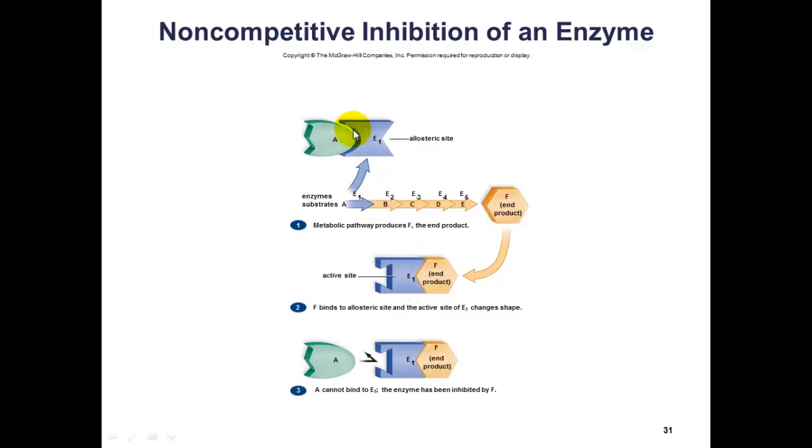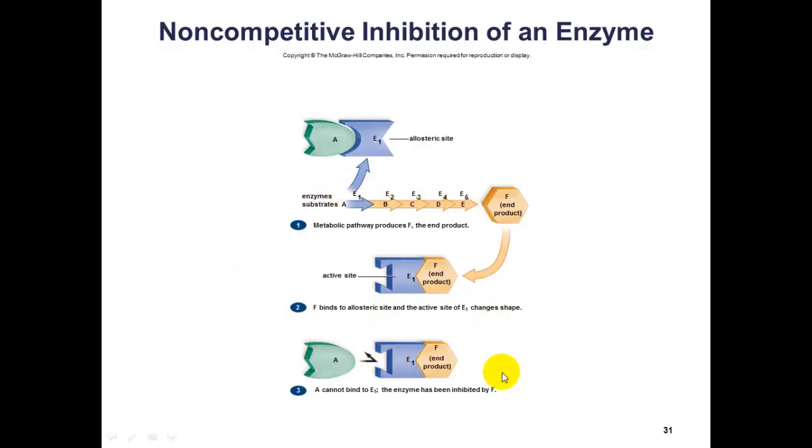So here, right, the active site was this crescent. Now it's this triangle shape. And so the end product, which is the inhibitor, binds to the allosteric site, changes the active site shape, prevents A from binding, and turns off this whole pathway.